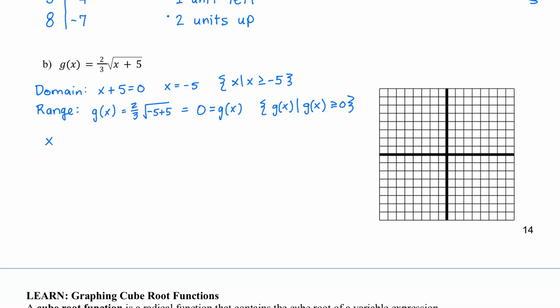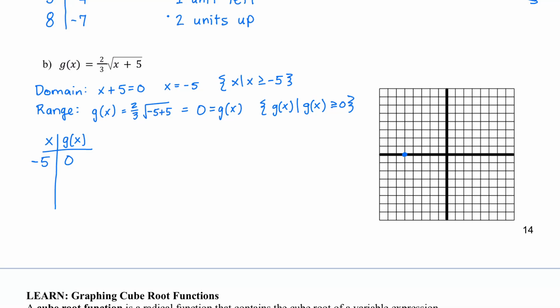So now I can take some x and y values and plug them into the function. I already know that when I plug in -5, I'm going to get 0. So -5, 0 is right here. Now let's come up with some values to plug in for x that are going to give us nice perfect squares.